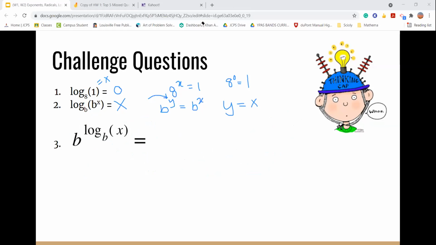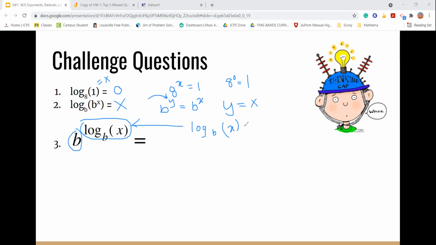Okay, so everybody knows that right now this is the base and this is the exponent, right? So b to the power of log base b of x is what we're trying to solve for. So now I'm just gonna look at the exponent by itself first. I'm just gonna say that log base b of x is equal to y.